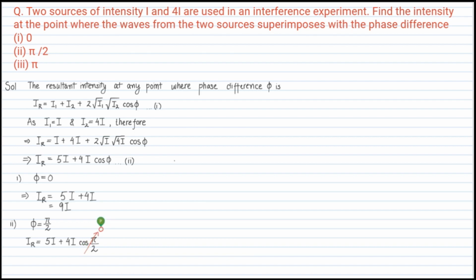So 4I times 0 will be 0. Then this term will be cancelled. So what we are left with? Only 5I. Therefore, the resultant intensity will be how much? 5 times I. Okay. Now, in similar manner, you can find out the resultant intensity when the phase difference is pi. You can take this third one as your homework.